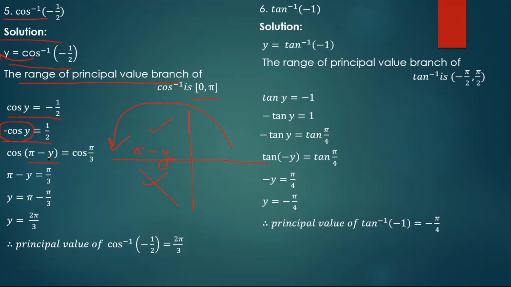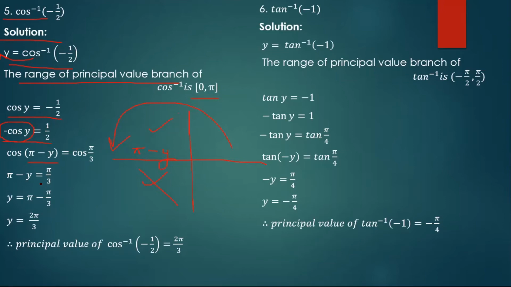So here we have cos of pi minus y. Cos goes, and what is remaining? One more thing: cos is half at cos 60. So what is cos 60? Cos pi by 3. So your cos gets cancelled, and pi minus y equals pi by 3.